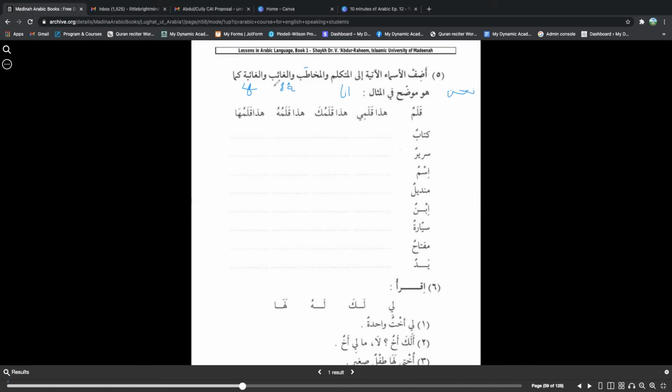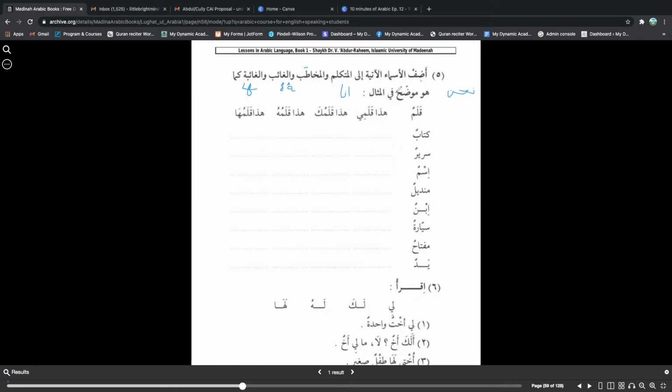So the verb khataba means to address. So mukhatab is enta, enti, entum, like you all, you two, etc. Okay. So add the following nouns to المتكلم والمخاطب والغائب والغائبة كما هو موضح, as it is made clear.